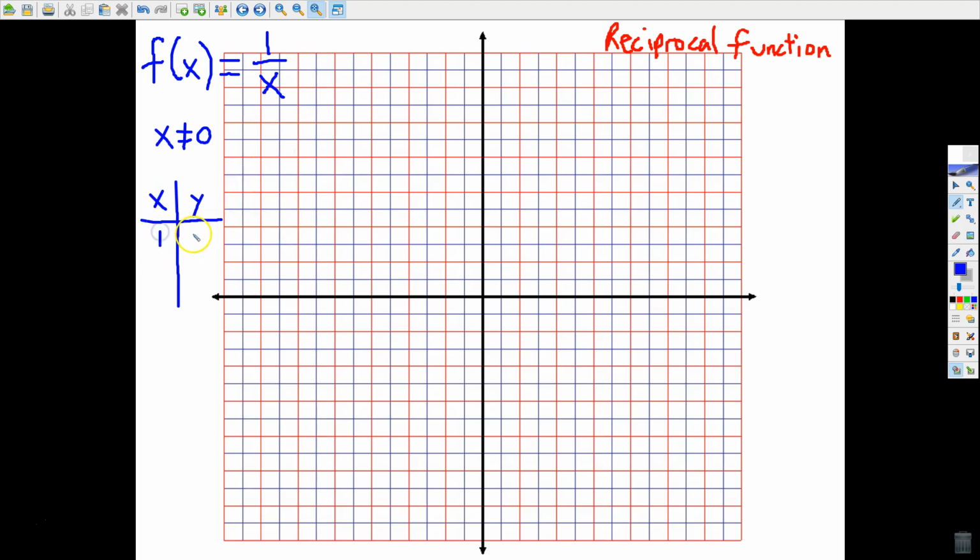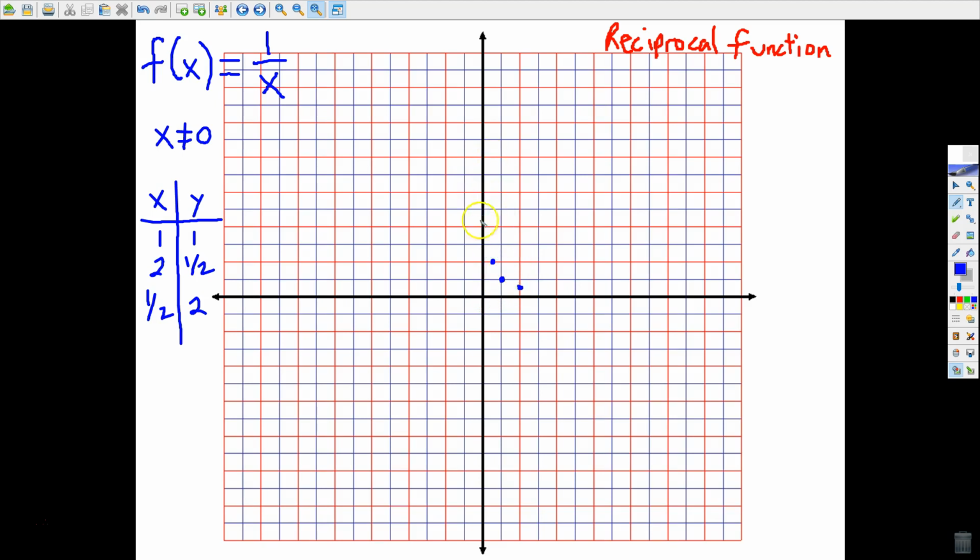If I input 1, I'm going to get 1. I'm going to try to stay away from fractions as much as I can, but let's just go ahead and do 2. That's not too bad. 2 gives 1/2. Okay, well, what if I do the input 1/2? 1 divided by a half is the same thing as 1 times 2. So a half gives 2, which isn't too bad.